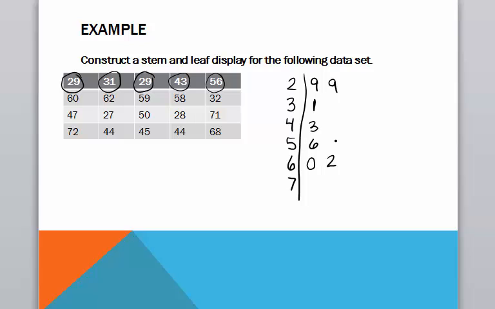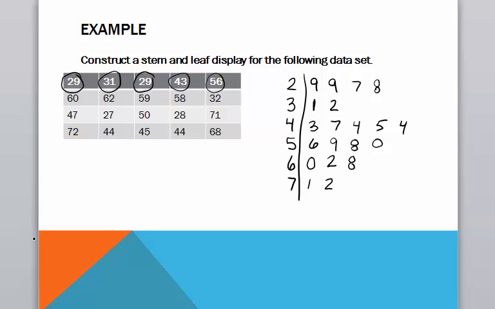The 59, 58, 32, here's the stem of 3, the leaf of 2. 47, 27, 50, 28, 71, 72, 44, 45, 44, and finally 68.